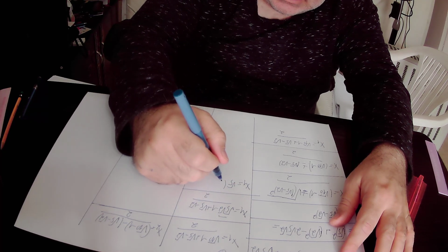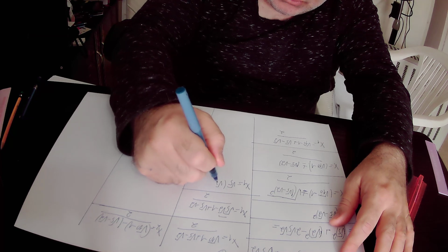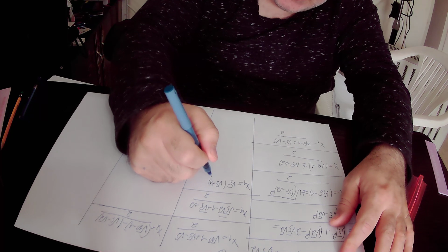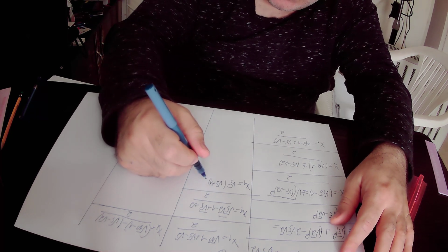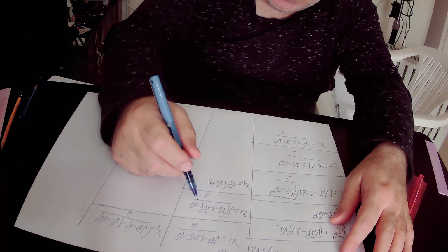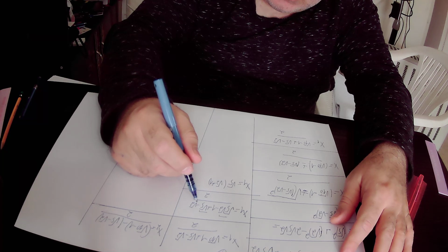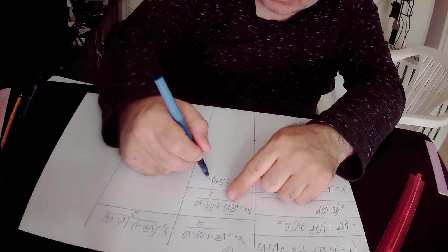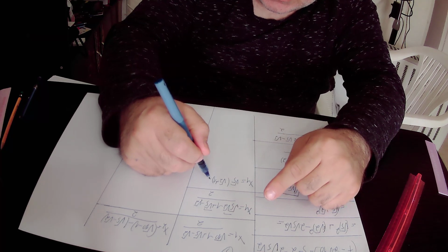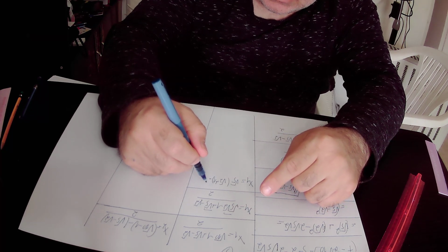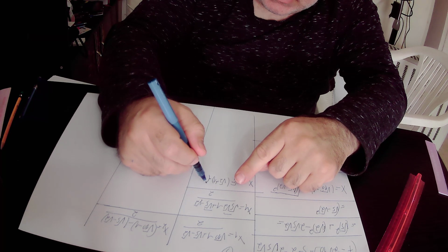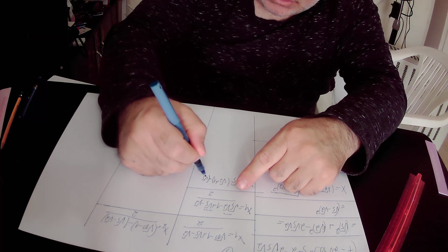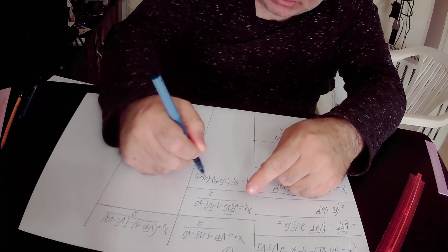Inside the brackets we will have the square root of 2 plus 1, and here we will take minus 1 as a common factor out of these two expressions, and inside the brackets we will have the square root of 2 plus 1, all divided by 2.